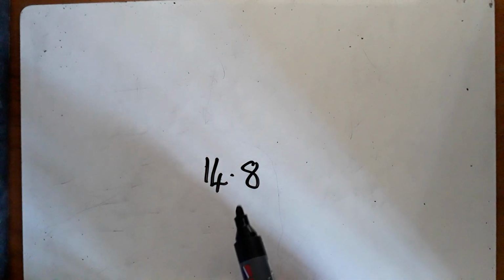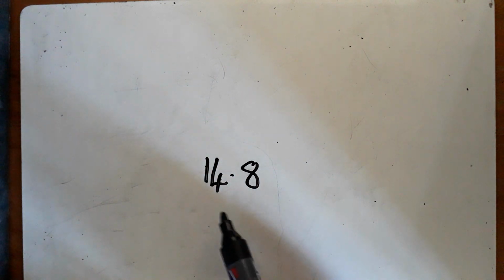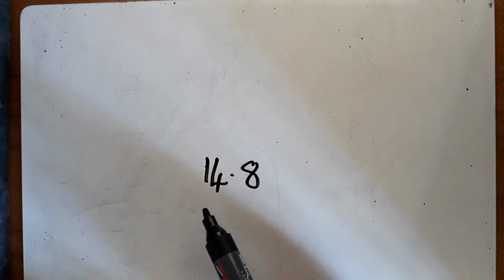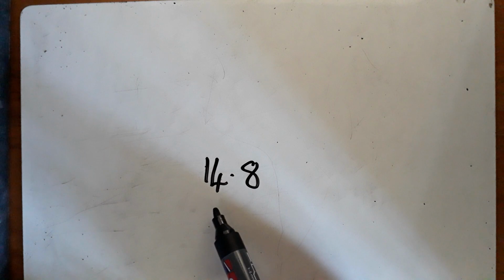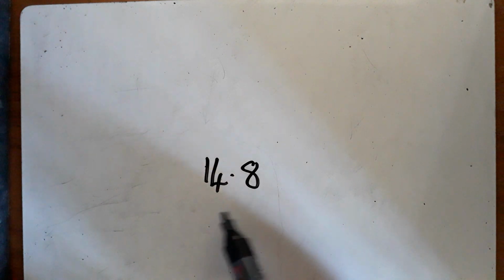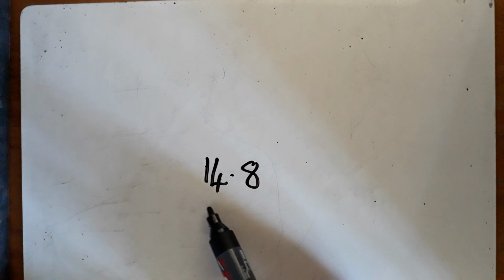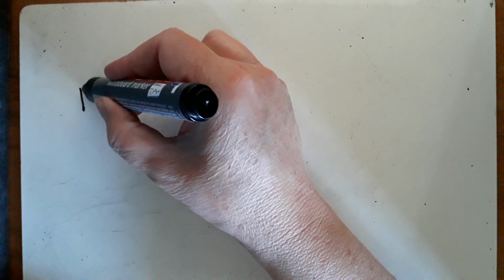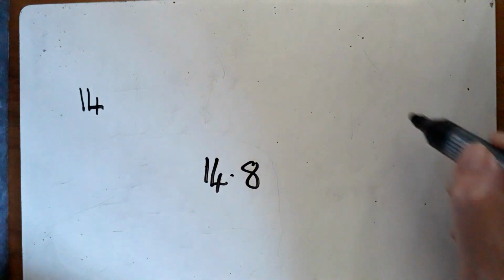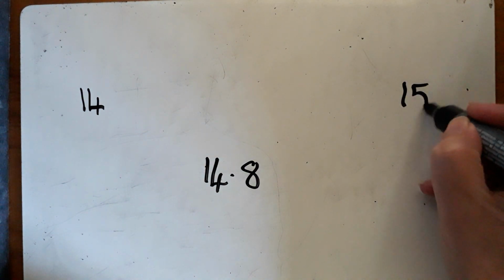So here is another example, the number 14.8. I'm going to round that to its nearest whole number. You need to think that 14.8 sits between 14 and 15.